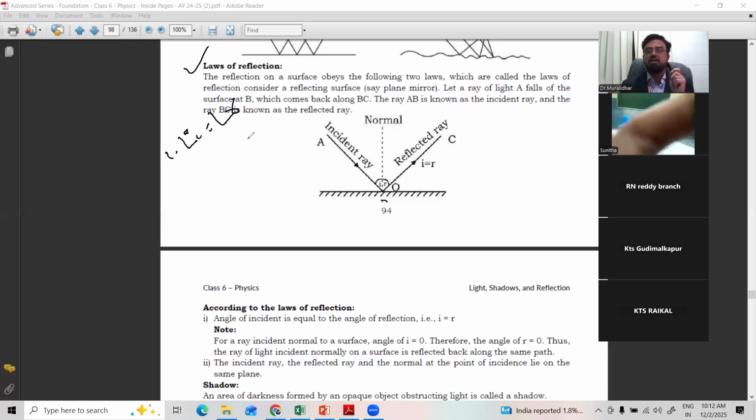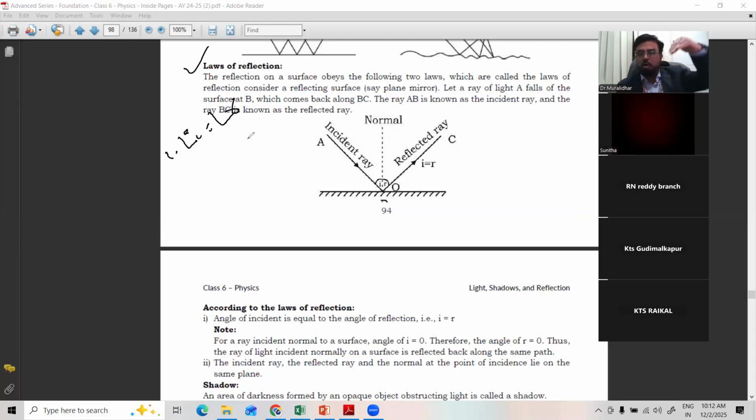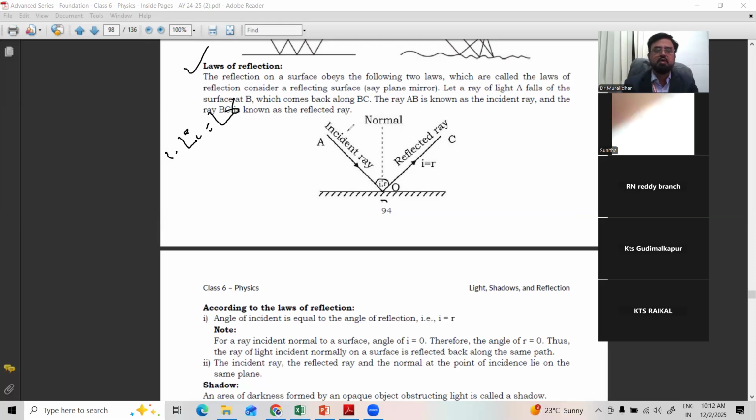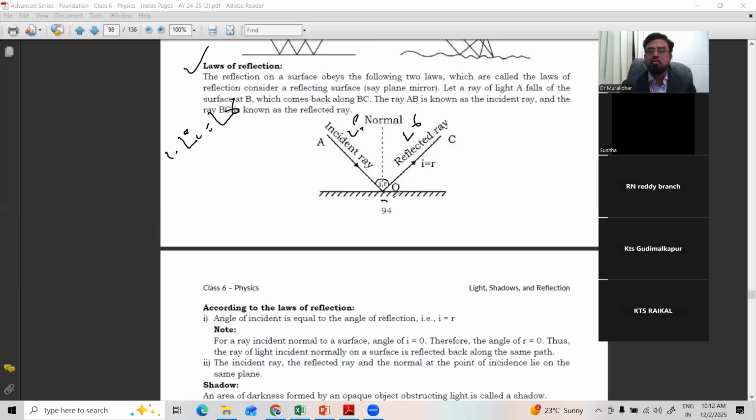Whenever light falls on an opaque body, with whatever angle you are focusing, the light reflects at the same angle. For a given ray of light, angle of incidence is always equal to angle of reflection. That is the first law of reflection: angle I is equal to angle R, always.